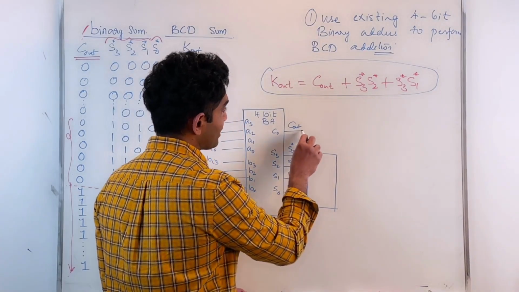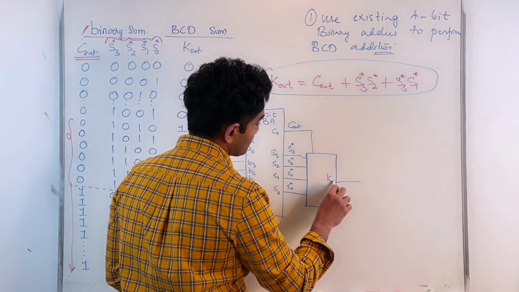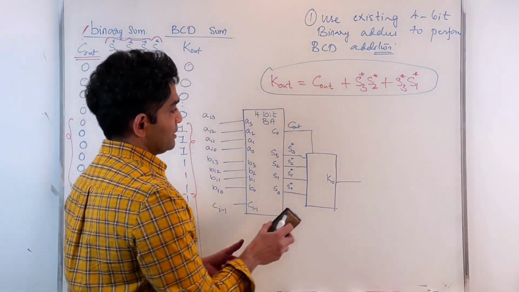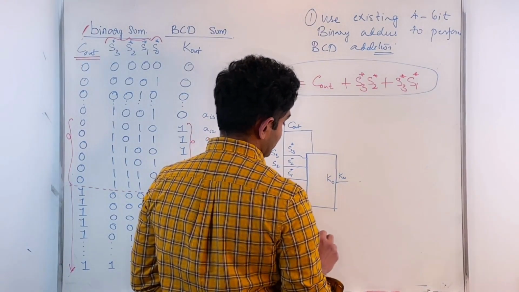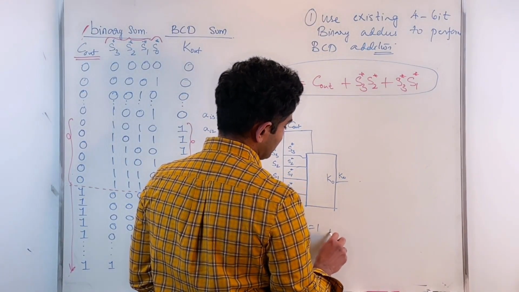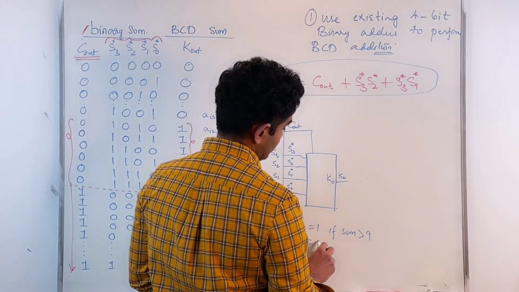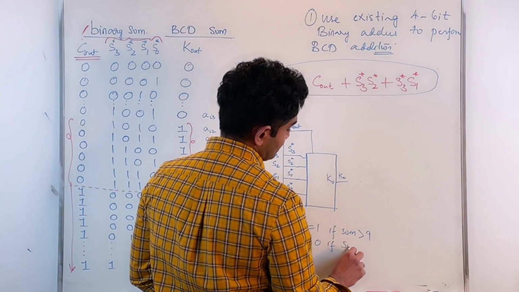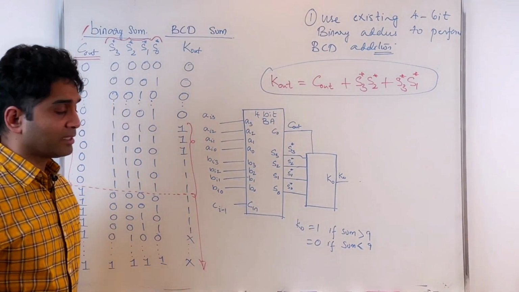It takes in these values, producing me a K out. K out is 1 if the sum is larger than 9, equal to 0 if the sum is less than or equal to 9.